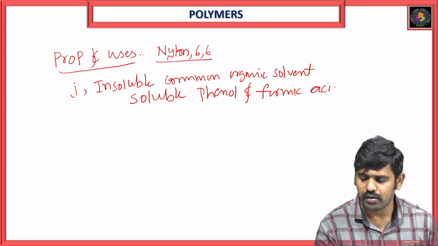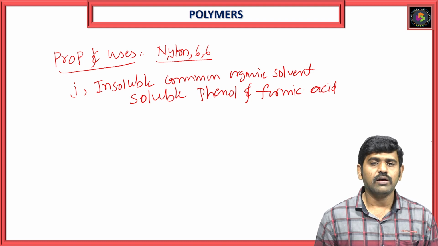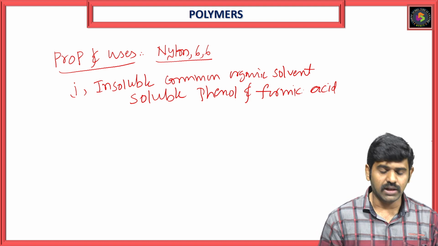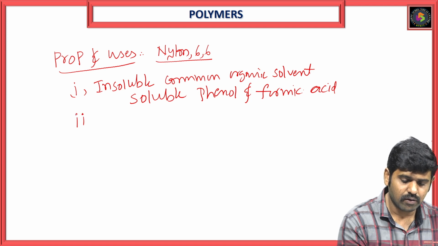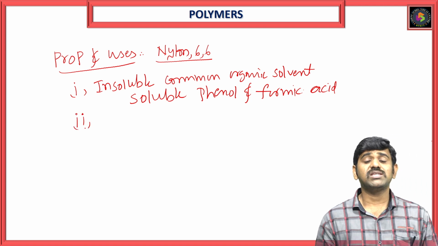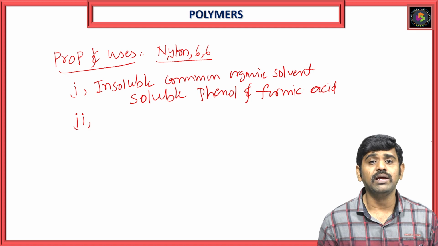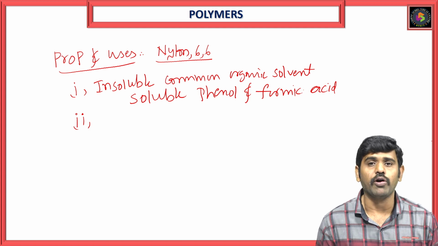Phenol and formic acid. And this nylon 6,6 possesses high temperature stability and also a high melting point.